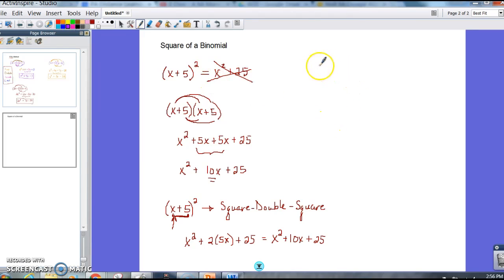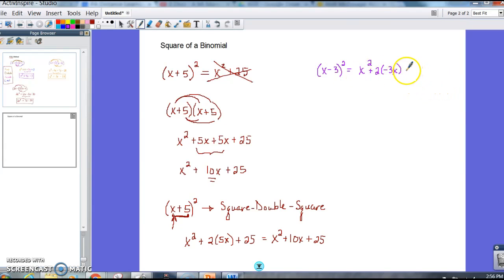I've got (x minus 3) squared. So if I follow my square double square process, square the first term, x squared. Multiply these terms together. So x times negative 3 gives me negative 3x, and then I have to double that.